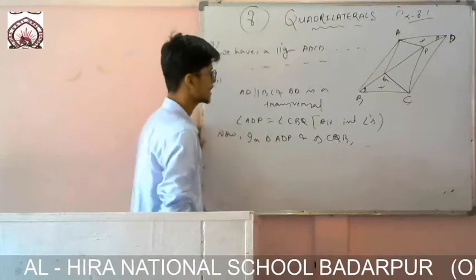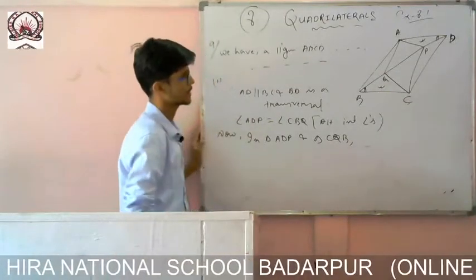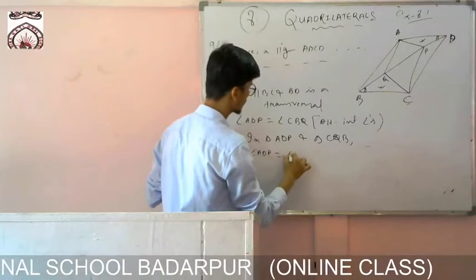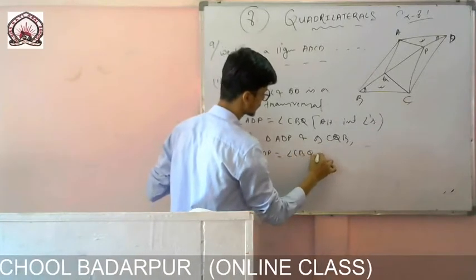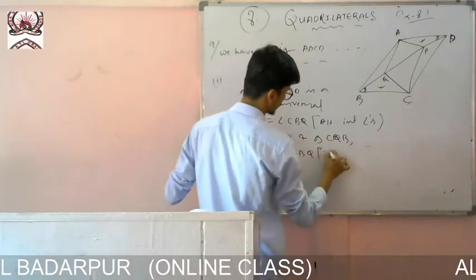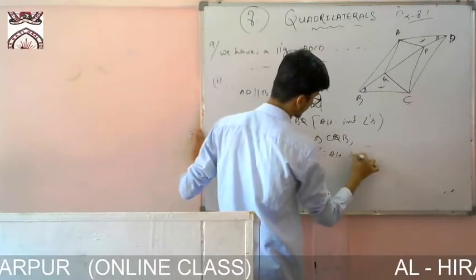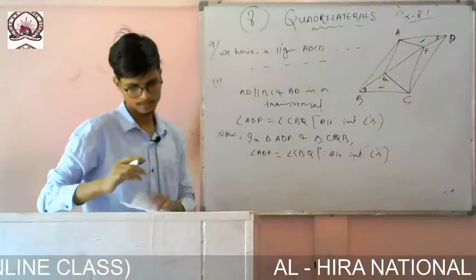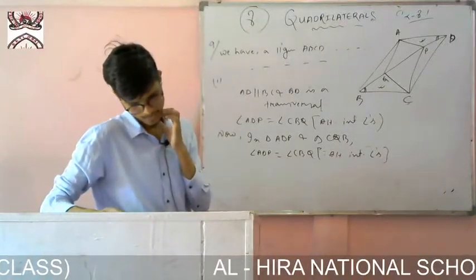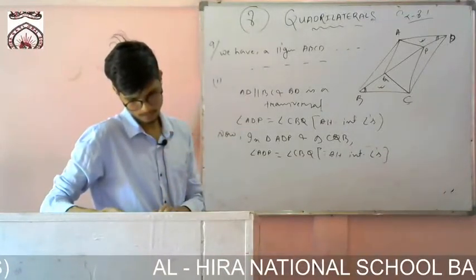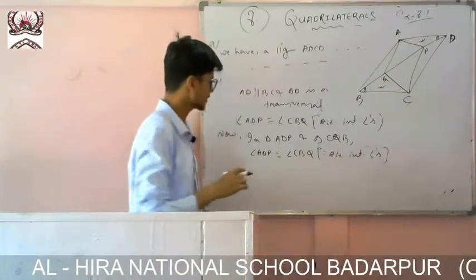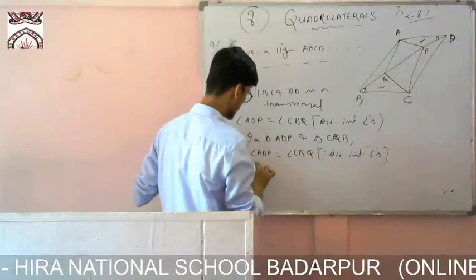Okay, so I can write, one angle I have just proved, ADP is equal to angle CBQ, alternate interior angles. Okay, and AD will be equal to BC, since it is a parallelogram.